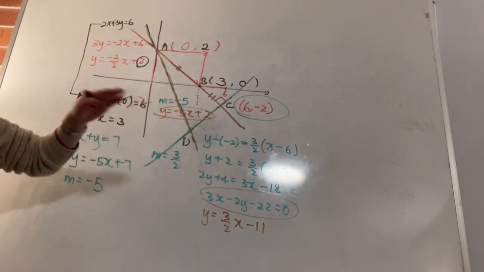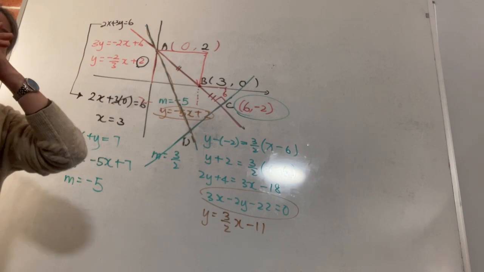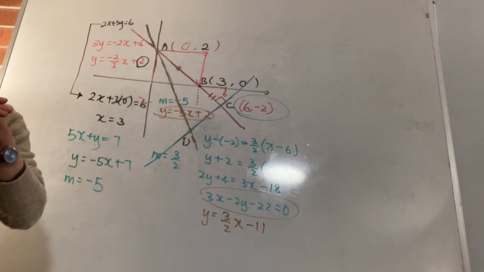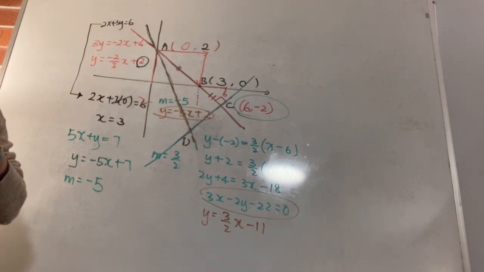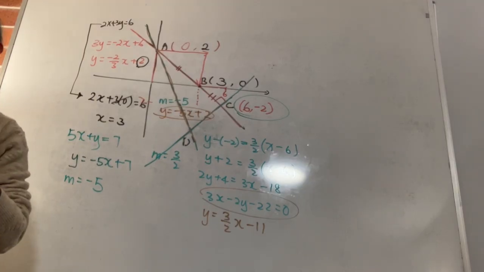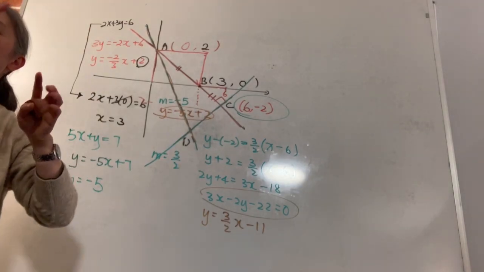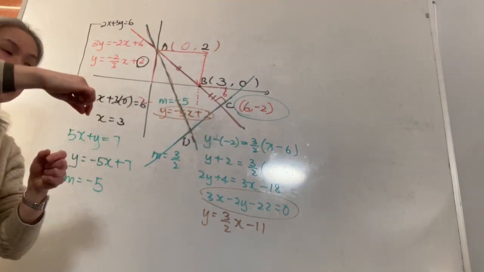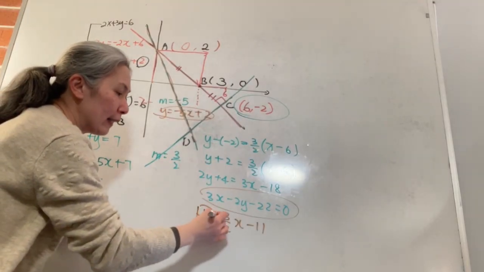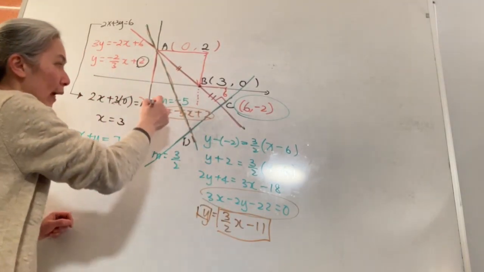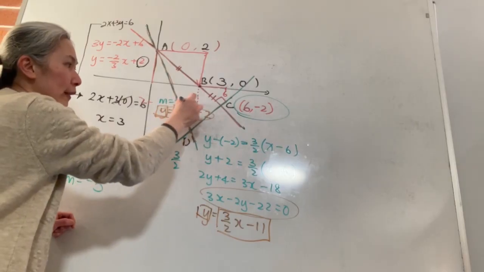Now I want you to remember, whenever you have an intersecting point, that means you have to solve simultaneous equations. That's what you're learning. Remember we did it before where you sub one into the other, because this y is equal to that and this y is equal to this one.